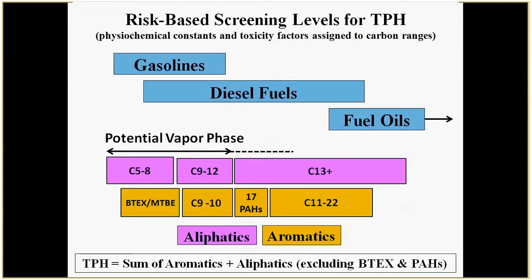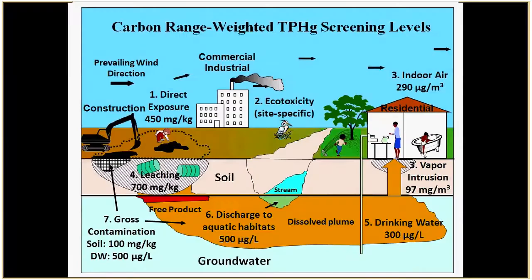And then we can develop screening levels or assess risk in the same manner that we calculate screening levels and assess risk for BTEX and PAHs and other chemicals. Again, nothing new. It's a little bit complicated, but it can be done. So we can also develop carbon range weighted screening levels just for TPH gasoline or TPH diesel or heavy oil, like we do for benzene and other chemicals. I like this approach. It makes it much more simple.